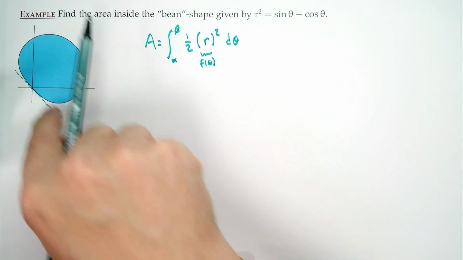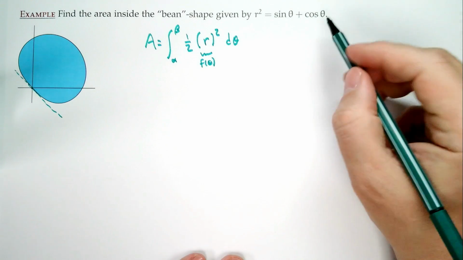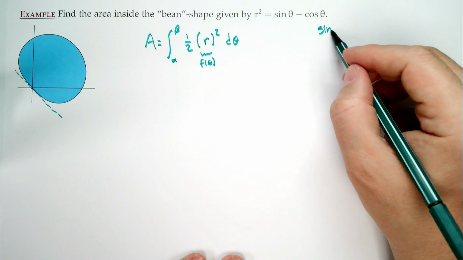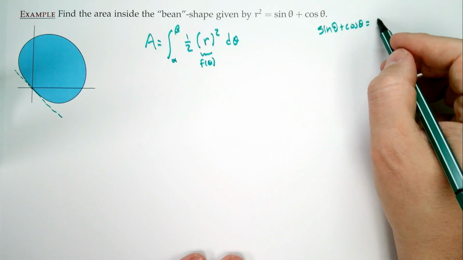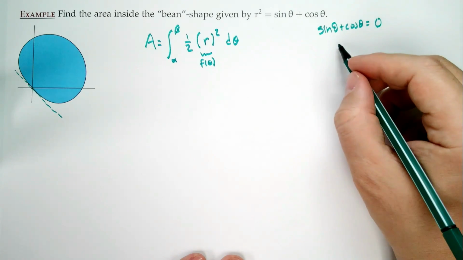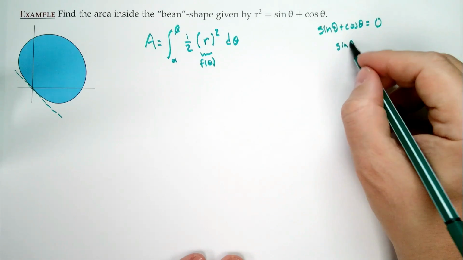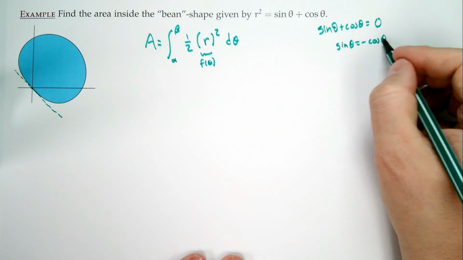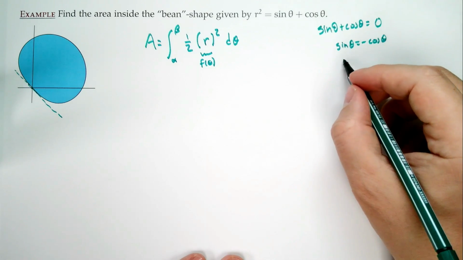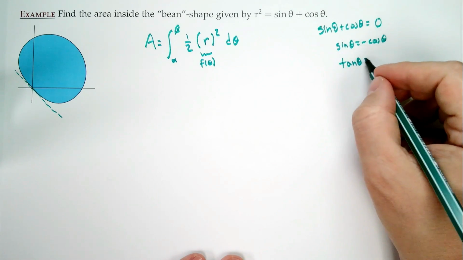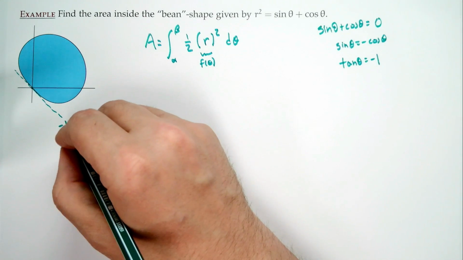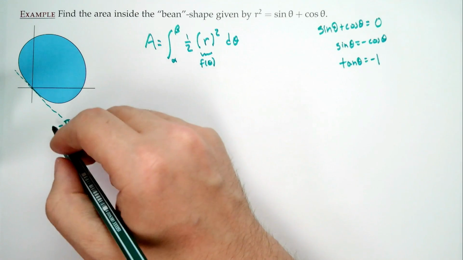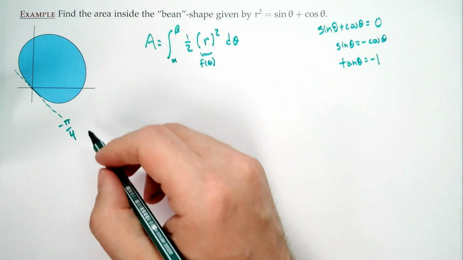So now the question is, well, when am I here? Well, what I really need to know is, when does sine theta plus cosine theta equal 0? Now that's the same as saying sine theta equals negative cosine theta. If you divide sine over cosine, tangent theta is negative 1. And that happens at negative pi over 4, plus 180 degrees away from that.